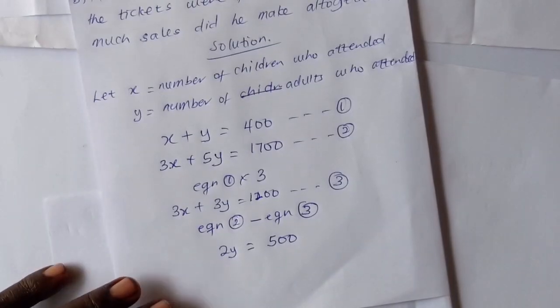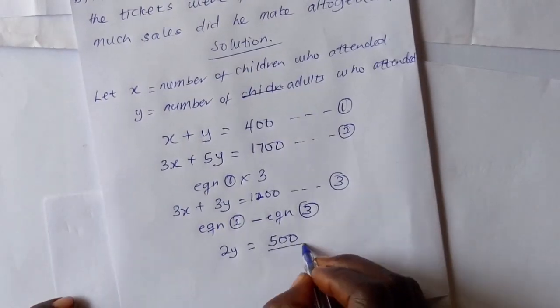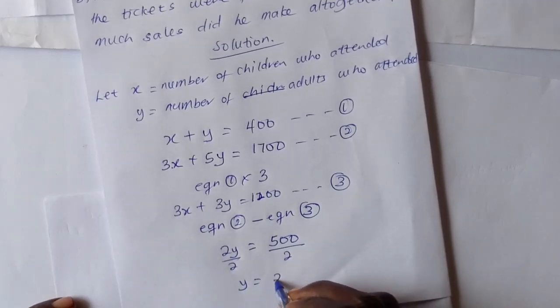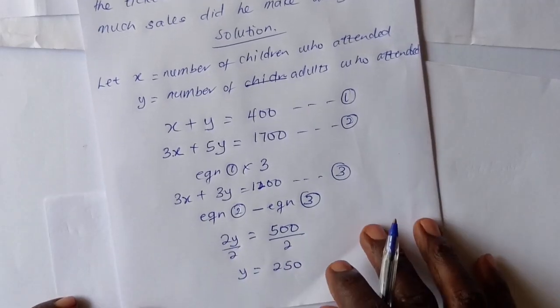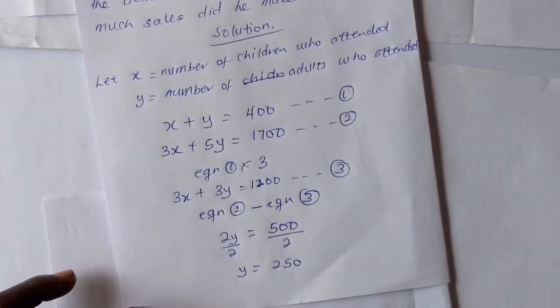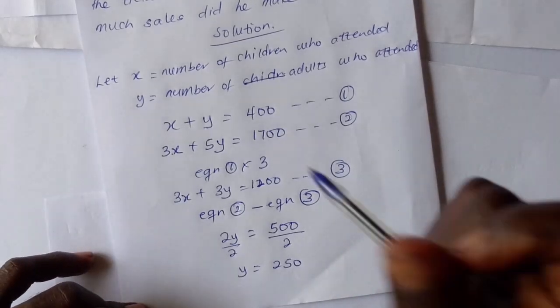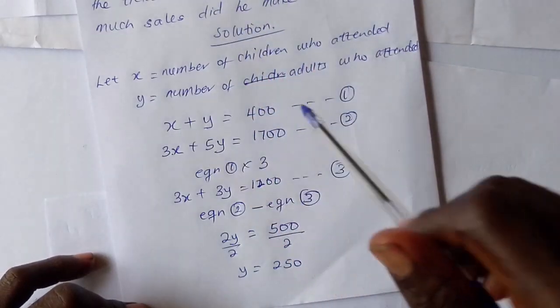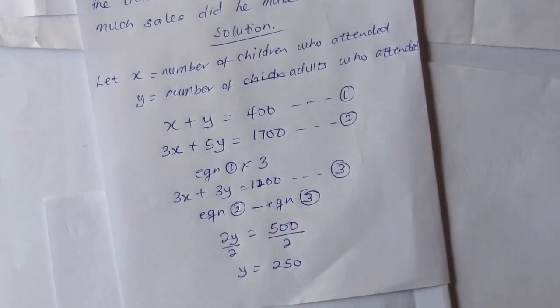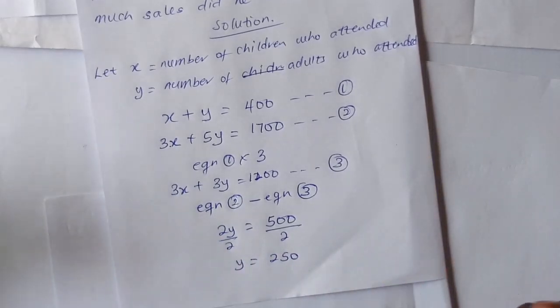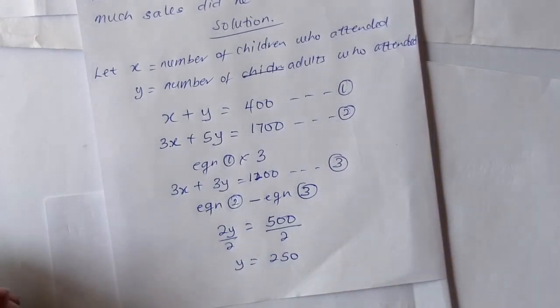From this, we can get y to be 250. If y is 250, it is not that important to find x because from the question, we have found the number of tickets that were sold to adults. We started by saying that y should represent the number of adults who attended the match. So if you have gotten y, that answers our question.